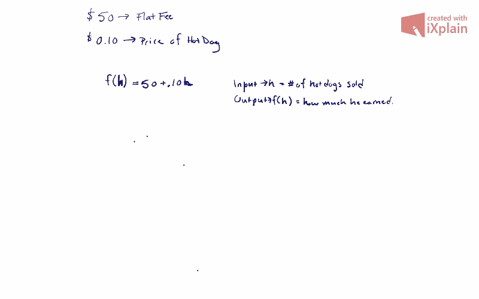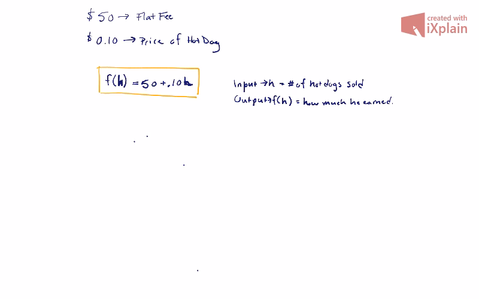Okay, so this is part A. This is our function. Basically what we did was set up a nice little calculation for the hot dog vendor to figure out how much money he would walk away with depending on how many hot dogs he sold, because ultimately that's what's going to impact how much money he's going to walk away with.